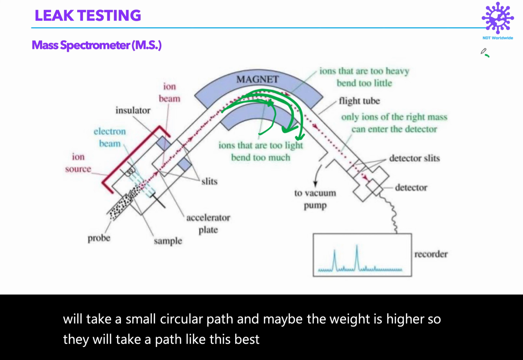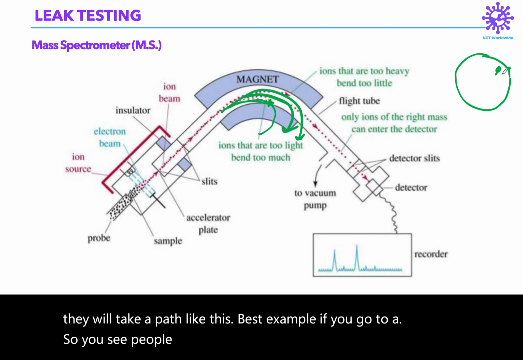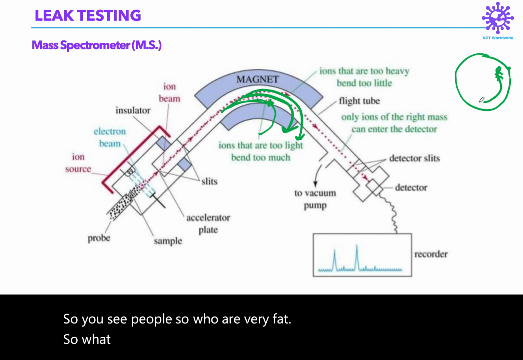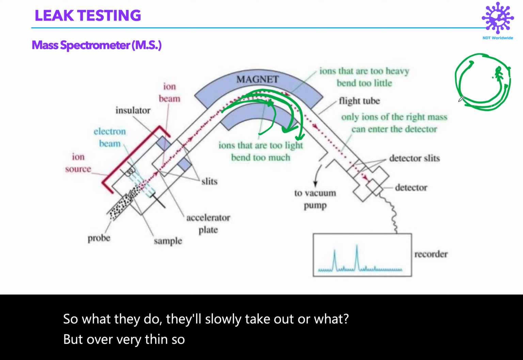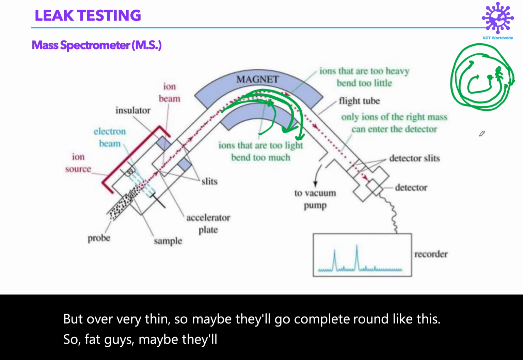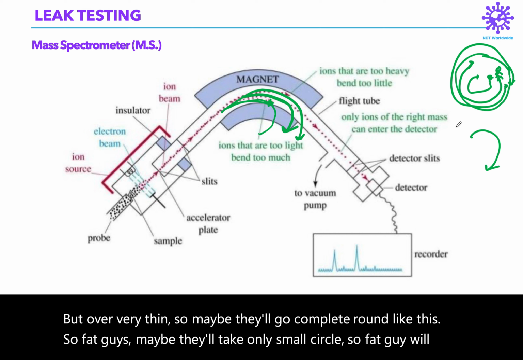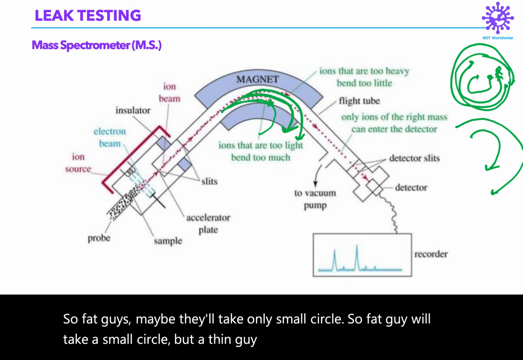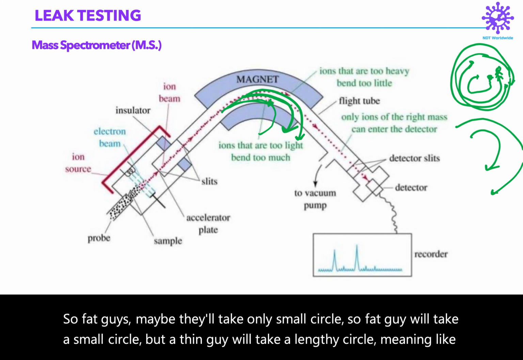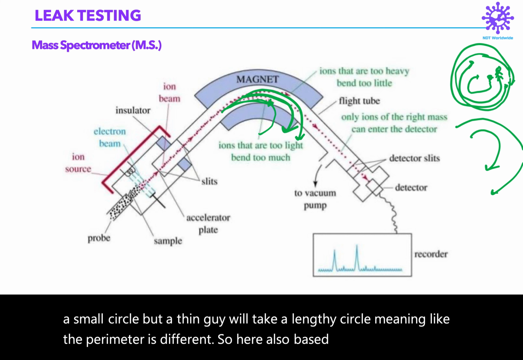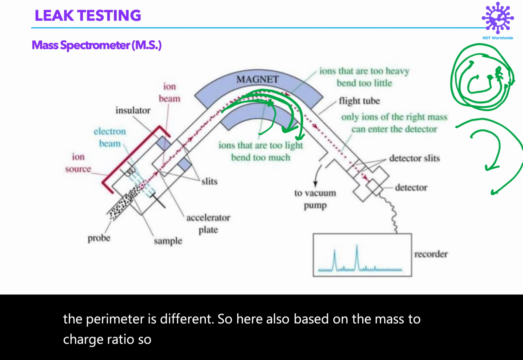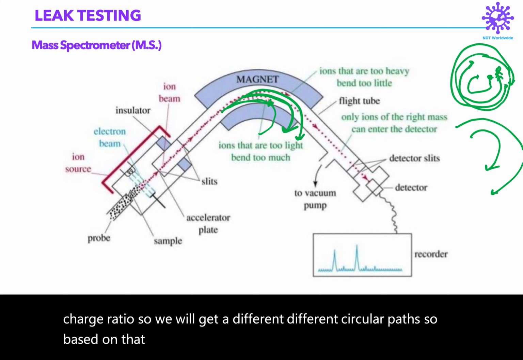The best example: if you go to a ground, people who are very fat slowly take the outer path, but those who are very thin might go a complete round like this. So a fat guy will take a small circle but a thin guy will take a lengthy circle, meaning the perimeter is different. Here also, based on the mass to charge ratio, we get different circular paths. Based on that you can easily assume how much quantity is leaking.